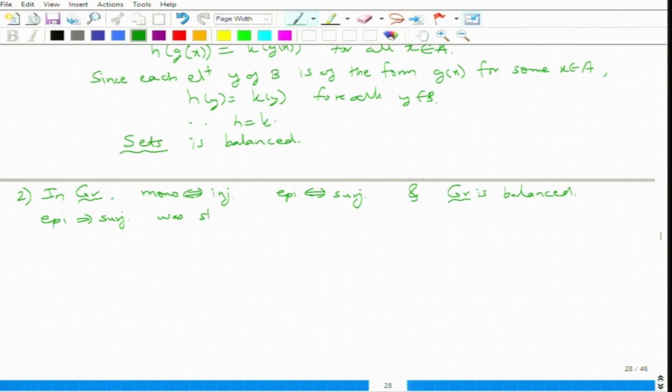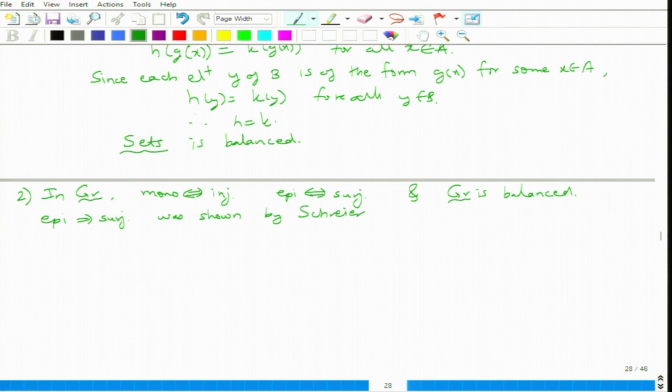Epi implies surjective was shown by Schreier, Niels Schreier. He's the same person, if I remember correctly, who proved that every subgroup of a free group is free.